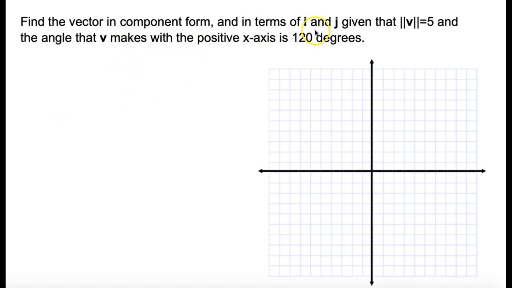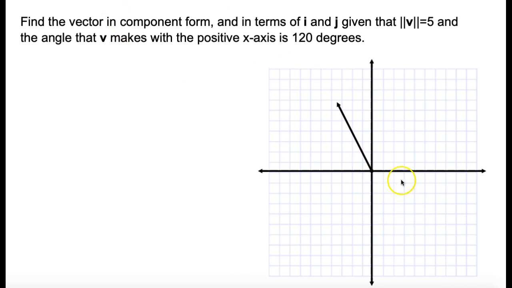All right. So now let's use similar ideas, but we're given a little bit different information on this problem. Okay, this one says we're given that the magnitude is 5, and the angle that the vector makes with the x-axis is 120 degrees. So we want to find then the component form of the vector. So what we know now is, well, we've got our vector up here.